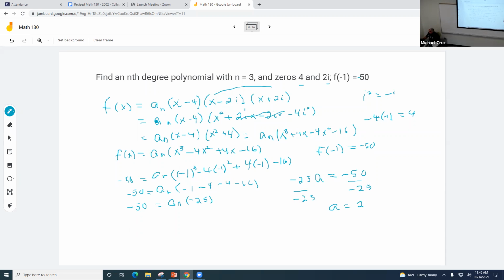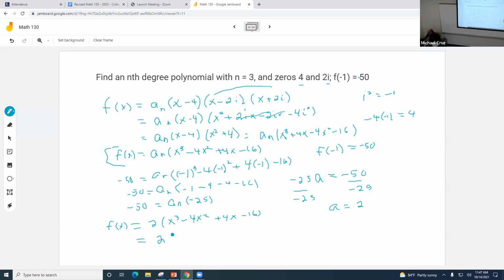So then what we can do is replace this right here with 2. So f of x, let's just run it through there.